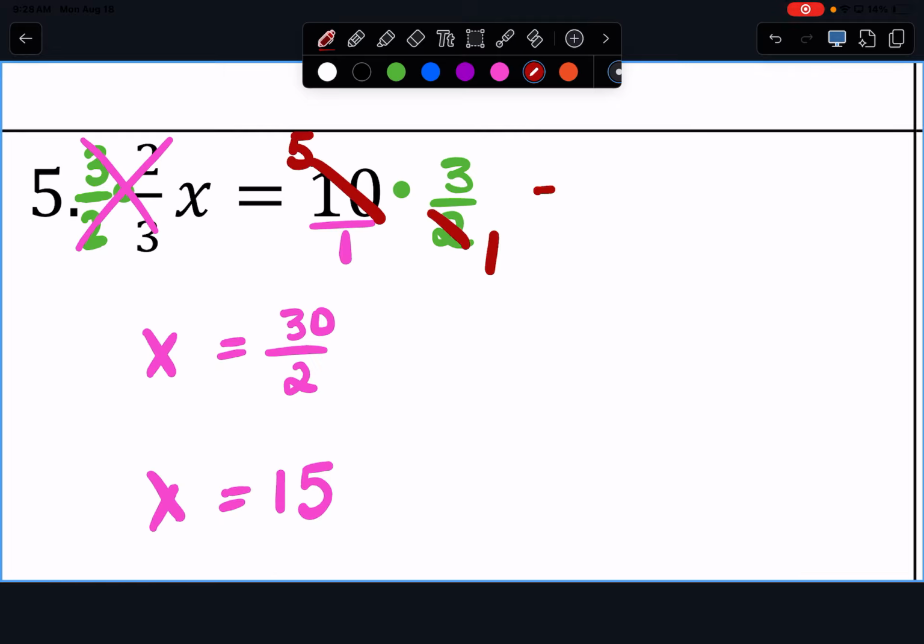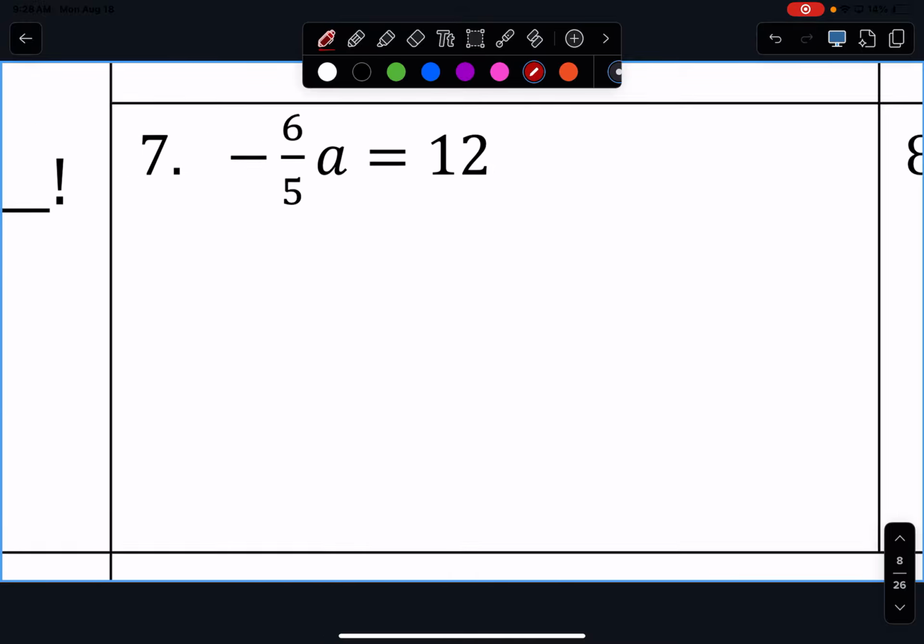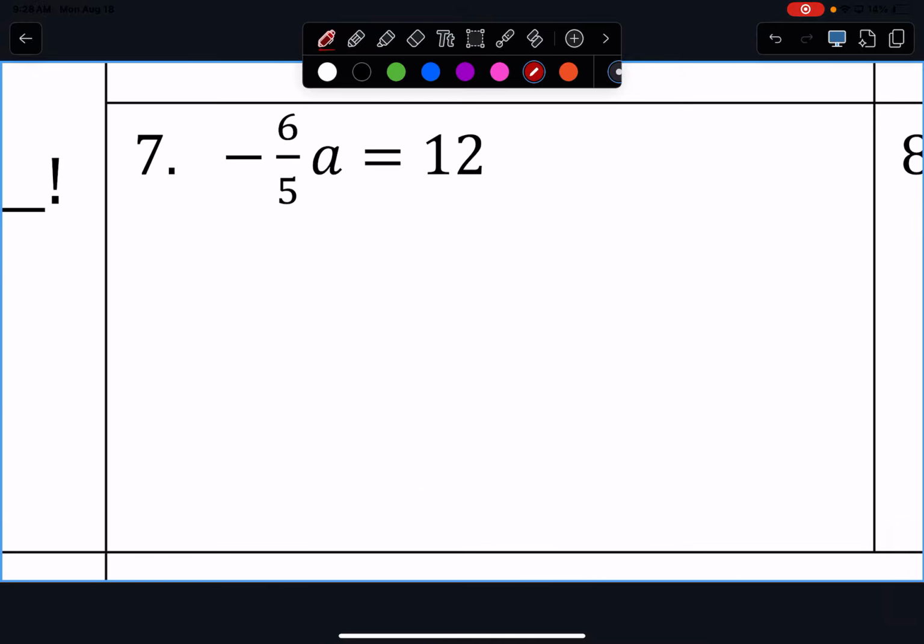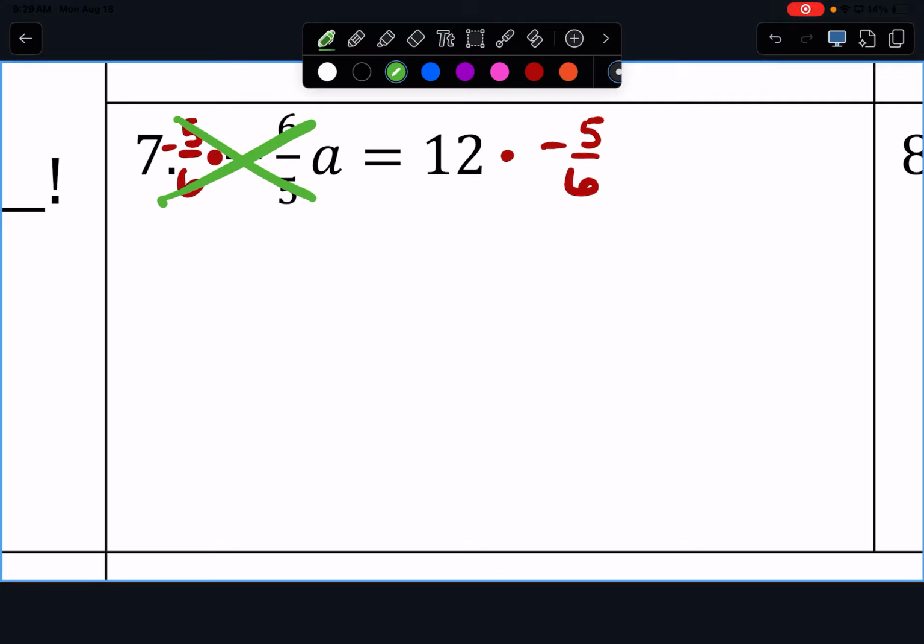For number 7, what is the reciprocal I need to multiply by here? Not just 5/6, but negative 5/6. All right, so this side gets all canceled, and we get A equals, okay, we can do it either way.